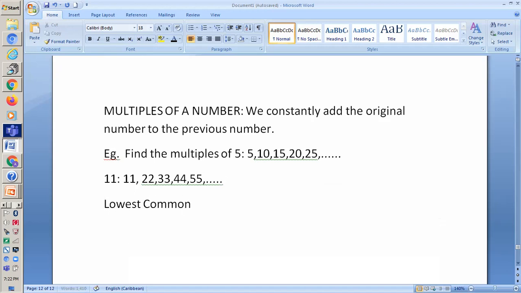So then we'll move on to the lowest common multiple, or popularly known as LCM. All right.